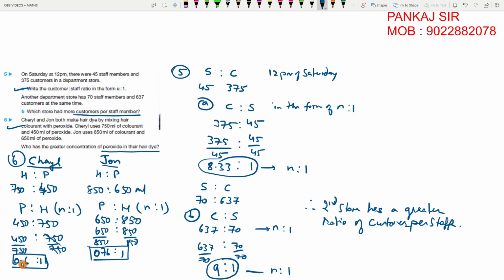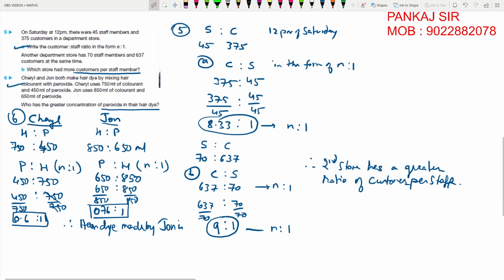You can see in this comparison of 0.6 and 0.76, 0.76 is more than 0.6. Therefore, the hair dye made by John is having more concentration of peroxide, because peroxide in the case of John is 0.76 compared to Cheryl's, which is 0.6.